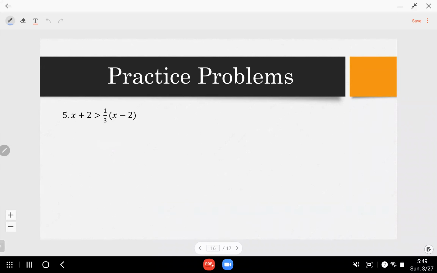All right. So our last problem is x plus 2 is greater than 1 over 3 times x minus 2. So how are we going to do this?